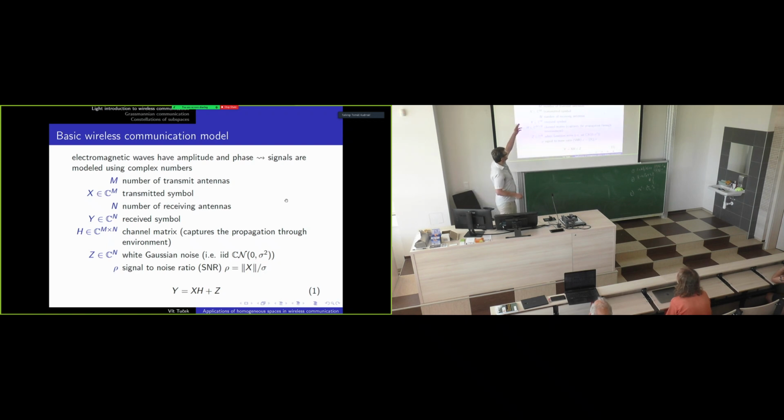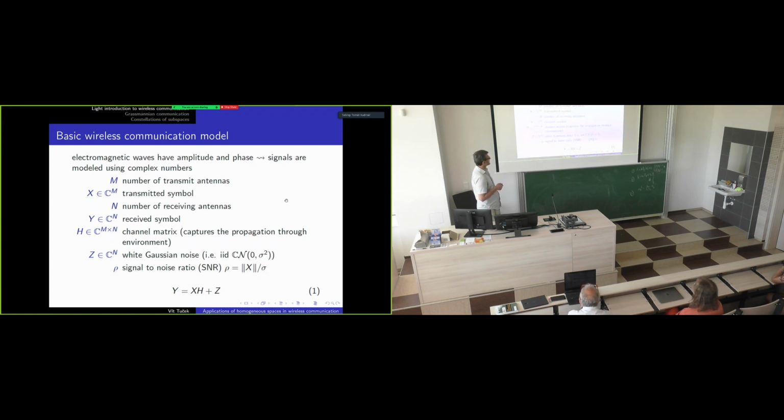So what we have here is the vector x as a transmitted symbol. It's a complex vector, and the dimension of the space corresponds to the number of the antennas that we use for transmission. In our cell phones we have a different number of antennas, usually much less, and so we receive some other vector from some other vector space. And the relationship between the transmitted signal and the received signal is just this affine function.